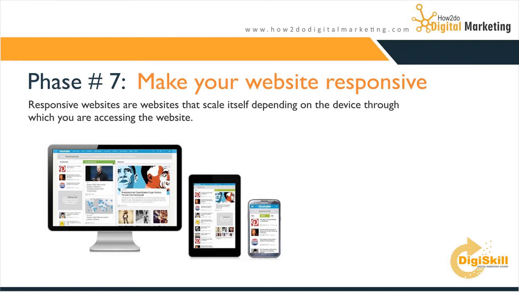Why is it important? It's extremely important because today all of us tend to access the internet through different devices. So in the office, I might access the internet through my laptop. When I'm at home or when I'm out of office, I'll typically be accessing it through my mobile phone. So if I'm trying to look at a website, I need to make sure that my website appears absolutely as sexy as it was on a laptop.